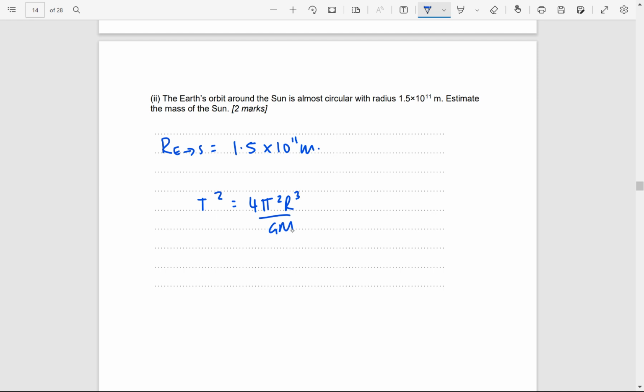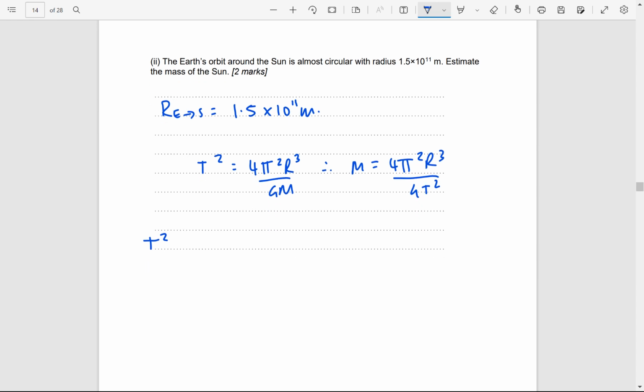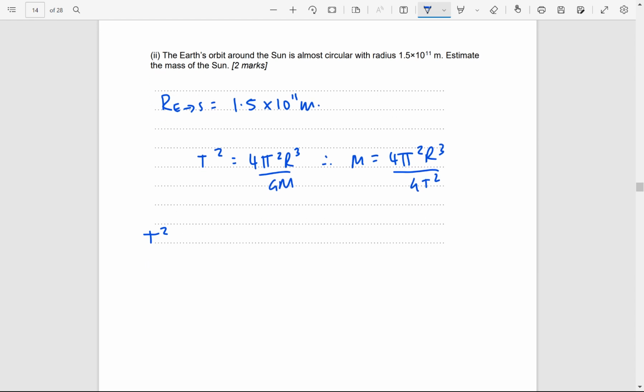Okay, so we're trying to find M. Right, T. T squared is the time taken for one orbit around the sun, because we are dealing with an orbit around the sun.